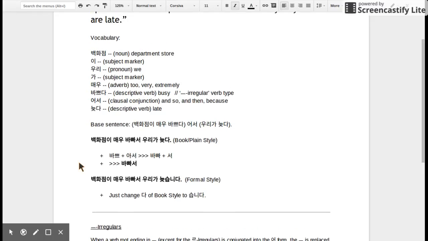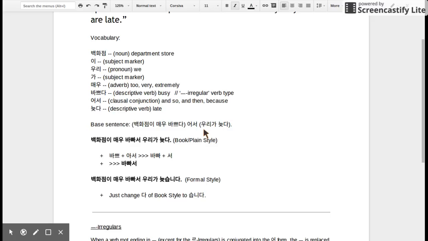So let's talk a little more about the pronoun uri, we. I know I said pronouns are risky. This is probably the least risky pronoun to use. There is a humble form of this, which in my experience doesn't seem very common.